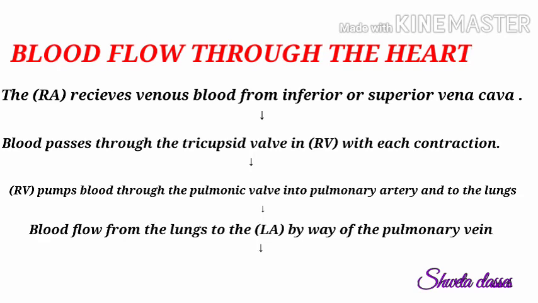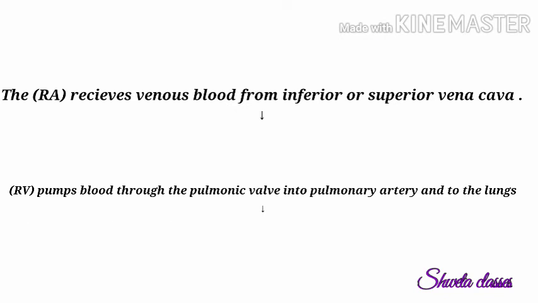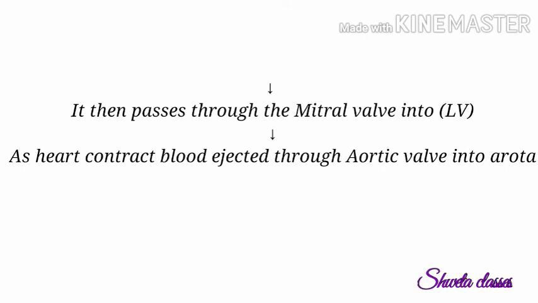Then the blood flows from the lungs to the left atrium by way of the pulmonary vein. Then the blood passes through the mitral valve into the left ventricle, and when the heart contracts, blood is ejected through the aortic valve into the aorta.